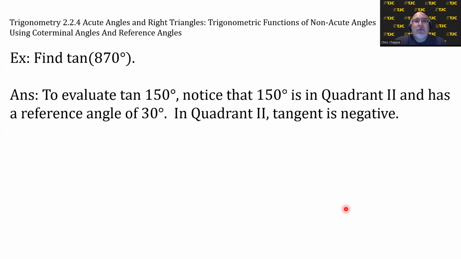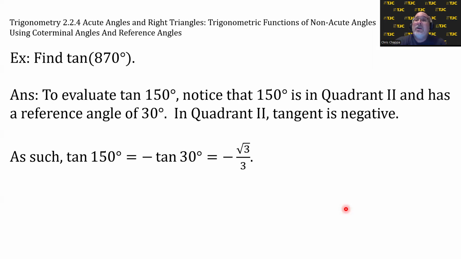Now, to evaluate tangent of 150 degrees, we just do what we did before. Notice that 150 degrees is in quadrant 2, and it has a reference angle of 30 degrees. Draw the picture if you're not sure why. In quadrant 2, tangent is negative, so we're putting all the pieces of the puzzle together. As such, tangent of 150 degrees is negative tangent of 30 degrees, negative because quadrant 2, 30 degrees because of reference angle.